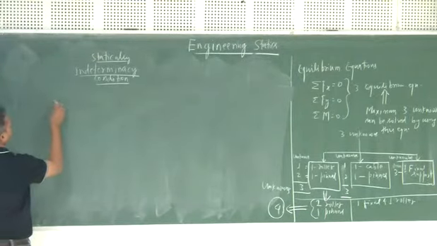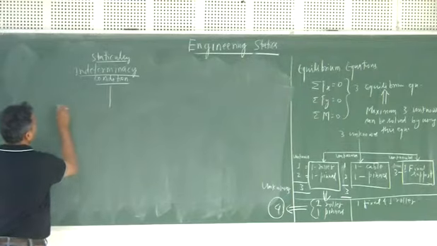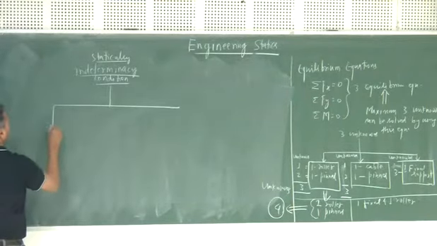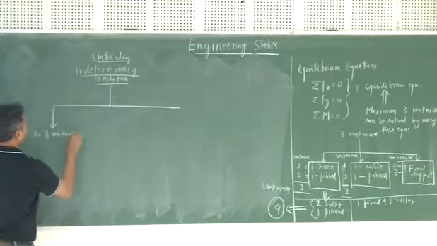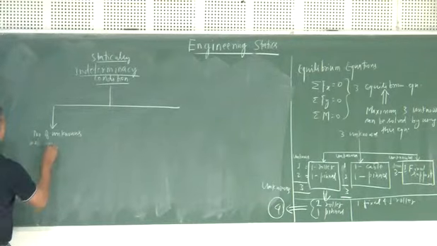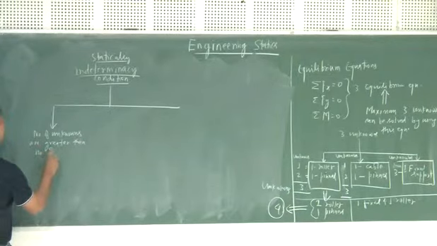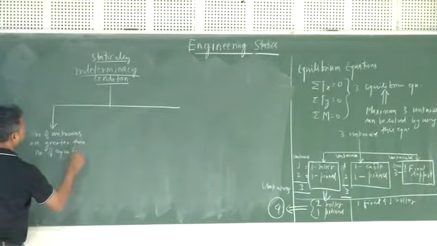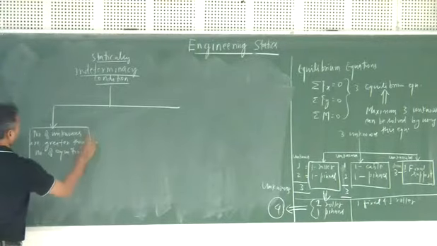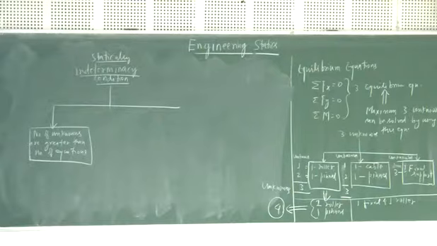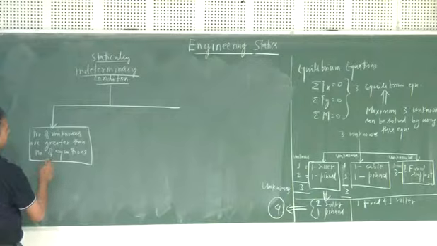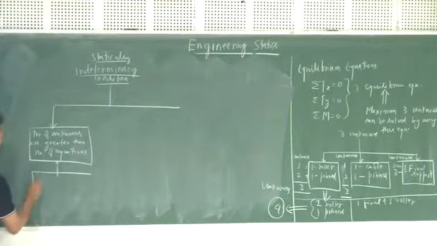So in the first case, let's assume that the number of unknowns is greater than the number of equations. It may be a proper constraint condition, but the point remains here.